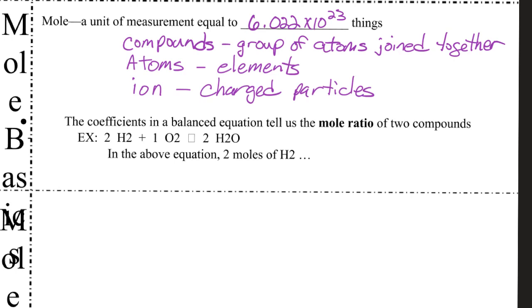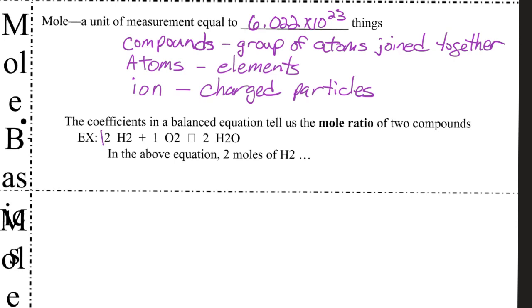And so, when we're looking at a balanced equation, these are chemical equations. You've seen these before. When you did biology class, you saw a chemical equation that was carbon dioxide plus water will create inside the chloroplast glucose or sugar, and it'll release oxygen. That was a chemical equation that you should be a little bit familiar with. Here's another example of a chemical equation, and this deals with a mole ratio.